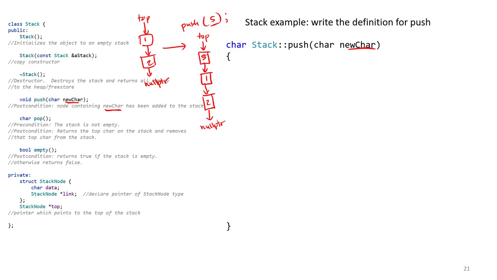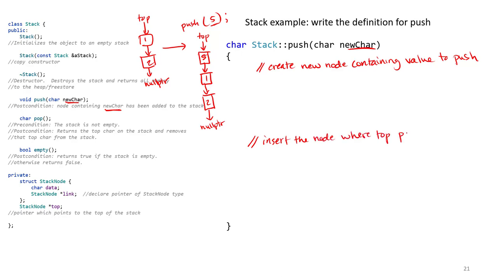So therefore, this function needs to basically do 2 things. First, we need to create our new node containing the value we want to push. And then our second step, after we've created that new node, we need to insert the node where top points. And remember, top will always point to the very beginning of our list.